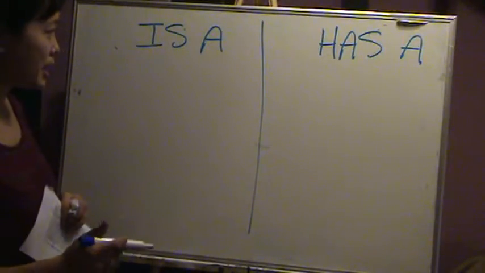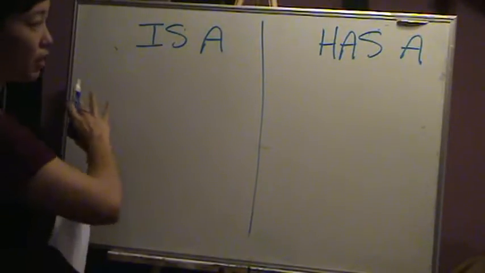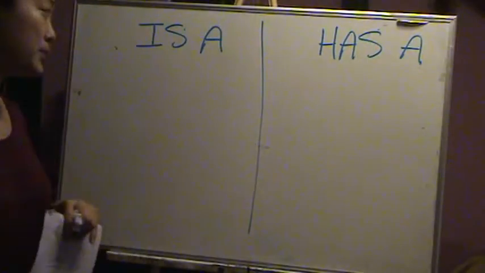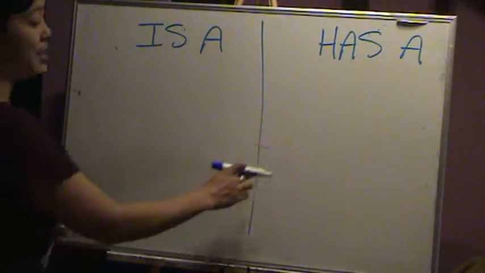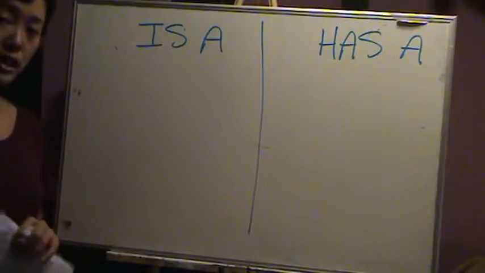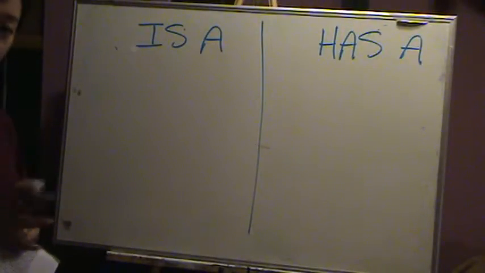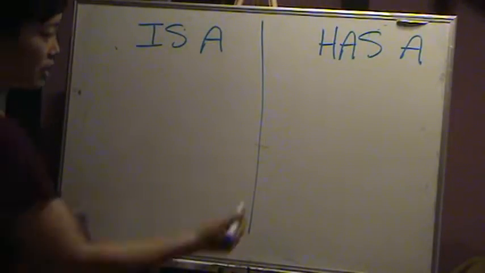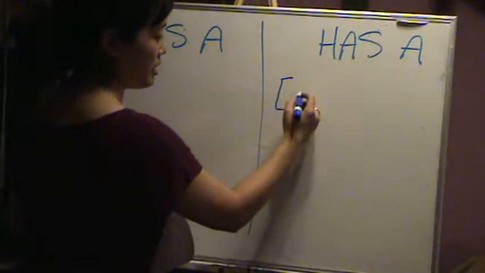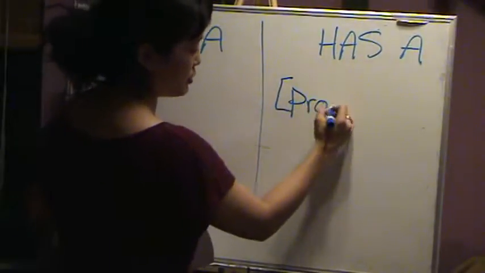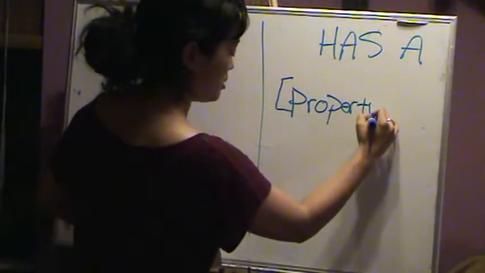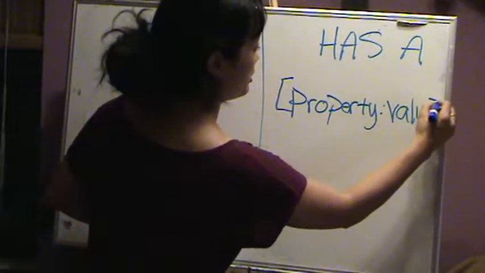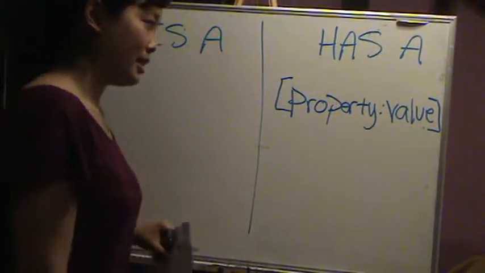And I propose that all knowledge can be represented with only these two relationships if you also have two types of objects. And those two objects are a property value pair. So property colon value.